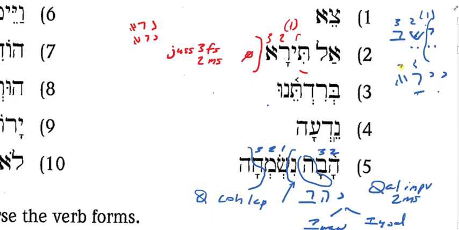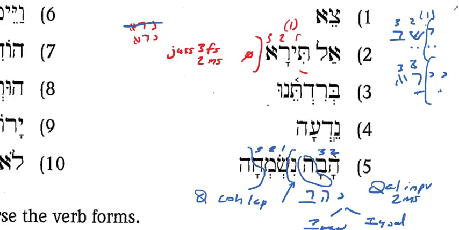I see root 2 and 3 here, and the root 1 is also missing, and the prefix gets a hireq yod under it. Okay, so this is what one vavs do in the qal. This is what one yods do in the qal. All right, so this is an original one yod. So what does this verb mean?